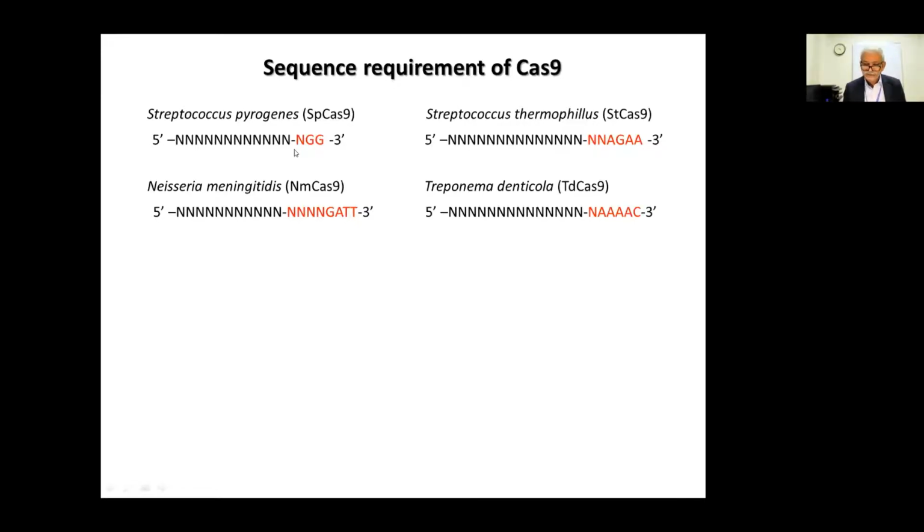So you cannot use SpCas9 for this PAM site. SpCas9 will always look for NGG. And always look at the Cas9 that you are using in your experiment. Is it SP or something else?